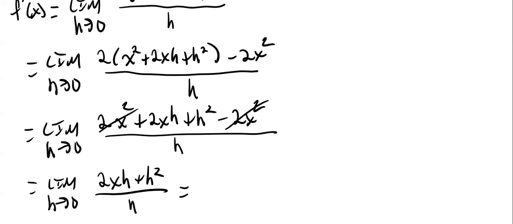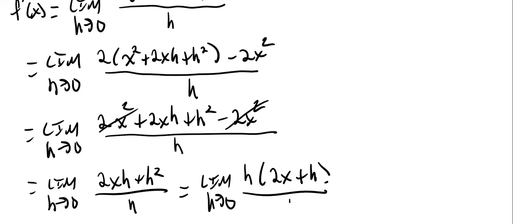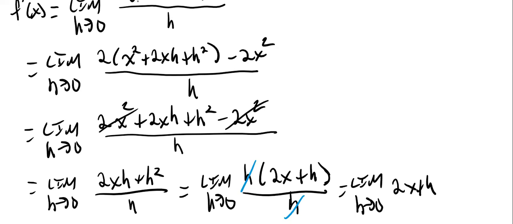And here, I'm going to now factor, as we usually do. And I'm going to factor out the common factor here, which is an h, leaving me with 2x plus h over h. Here we see that these h's cancel out. H over h is just 1. So we have the limit as h goes to 0 of 2x plus h.